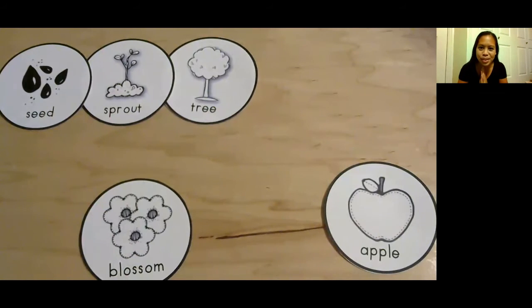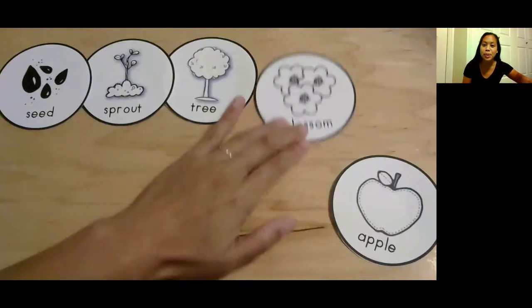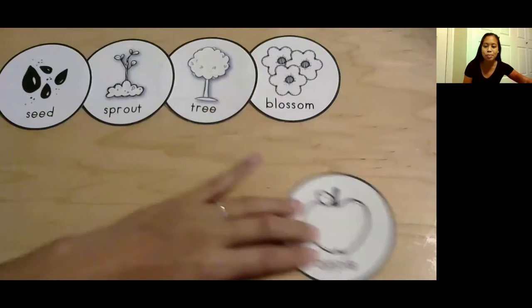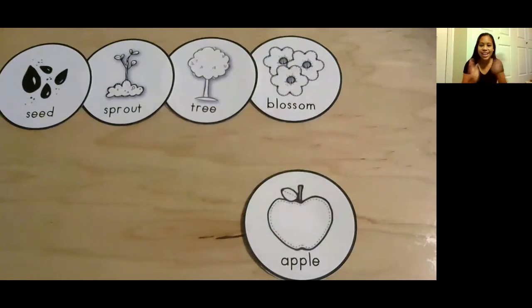And what does the tree grow on it? It starts growing little buds, right? Little buds on the leaves and on the branches that stem out and become blossoms, right? So there's our blossoms. Yay, our blossoms. Those are awesome. So what do the blossoms turn into?